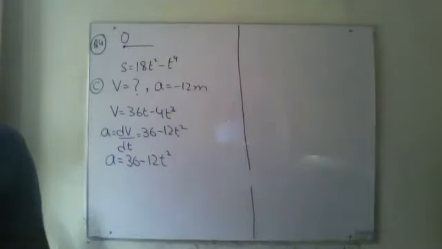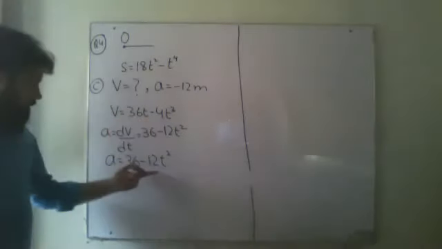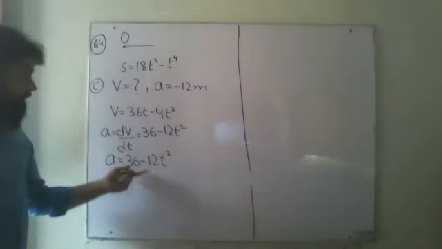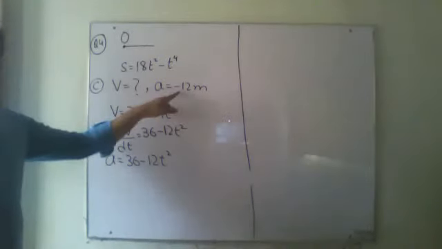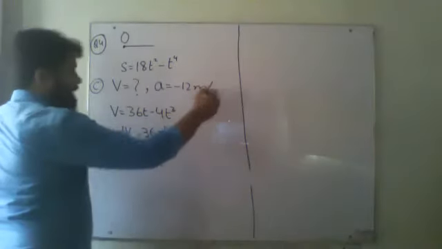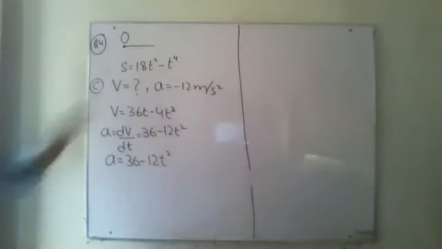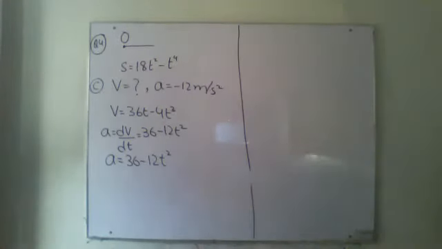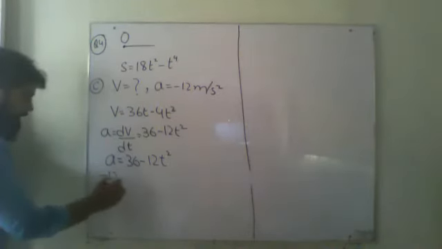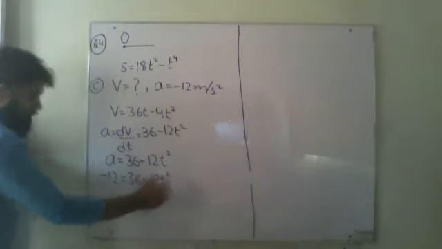The only thing connecting acceleration and velocity is the value of t. So if I can find the value of t at which acceleration is minus 12 meter per second square, I will put that t over here and I will find what is the velocity at that time.